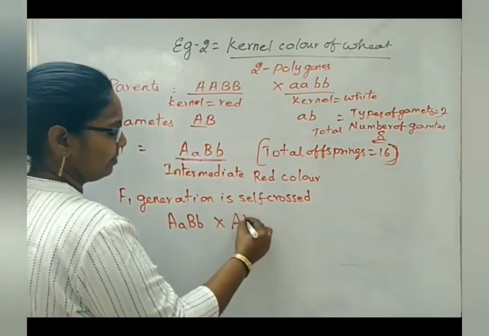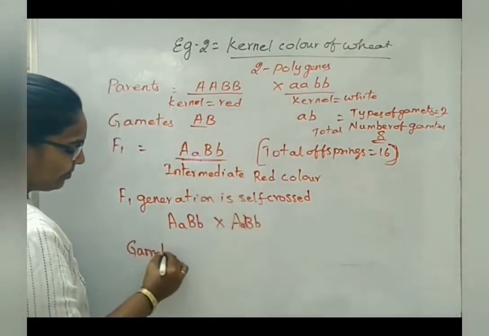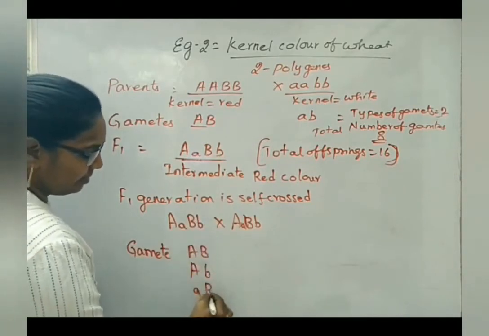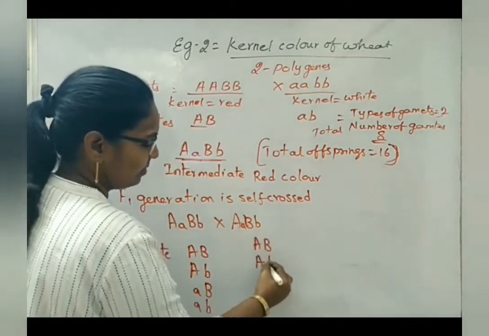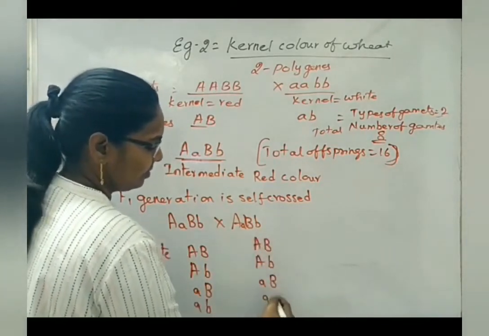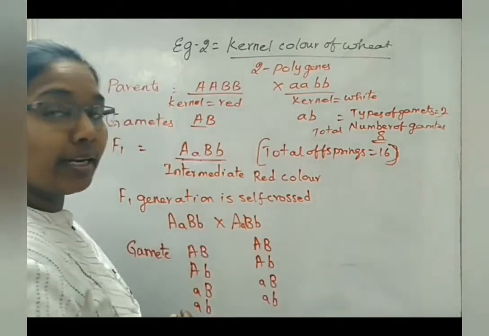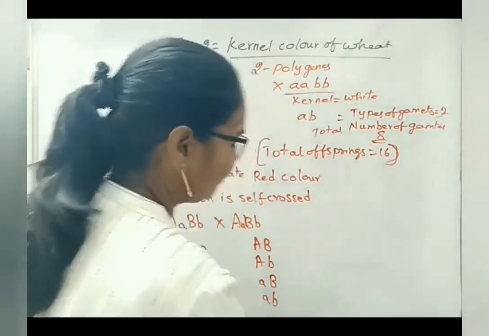what are the gametes that we obtain here? Okay. So the total gametes are like this. When we apply this in a Punnett square and write it, how does it look? I'm going to represent this one.